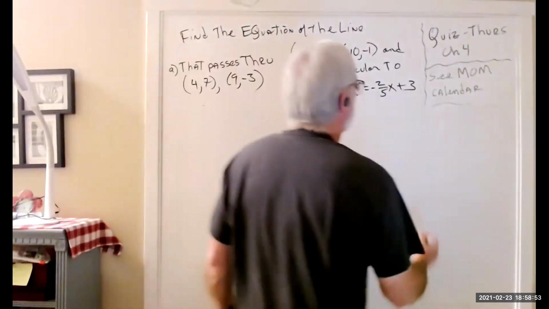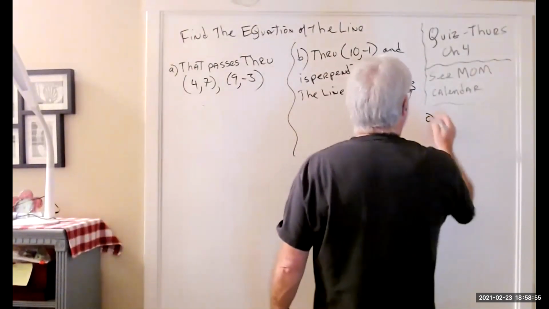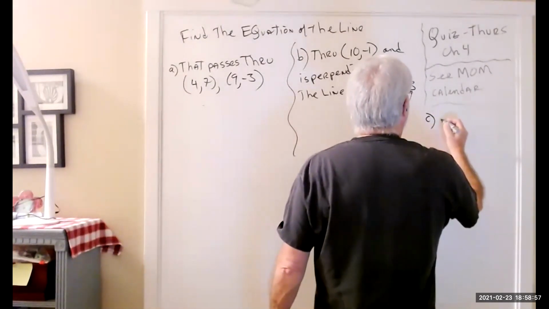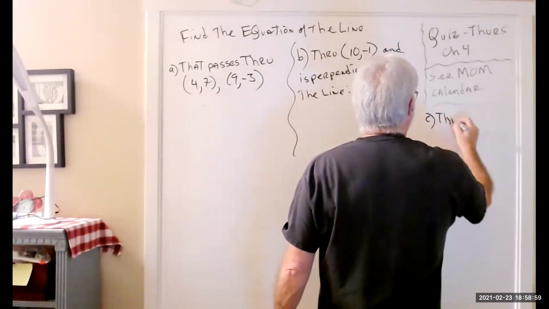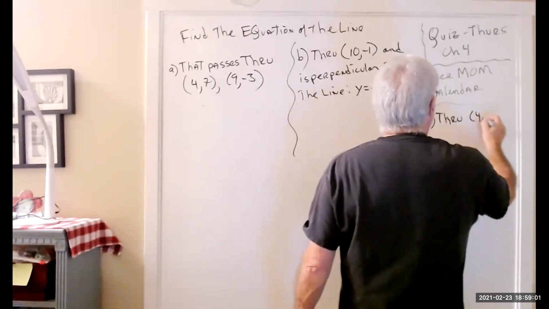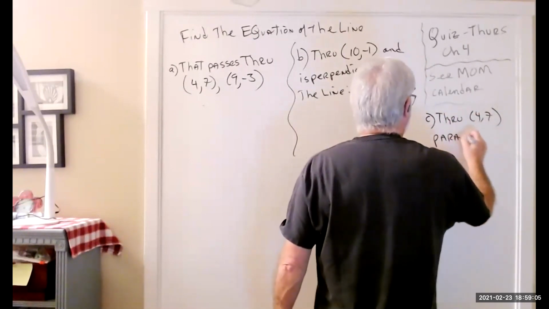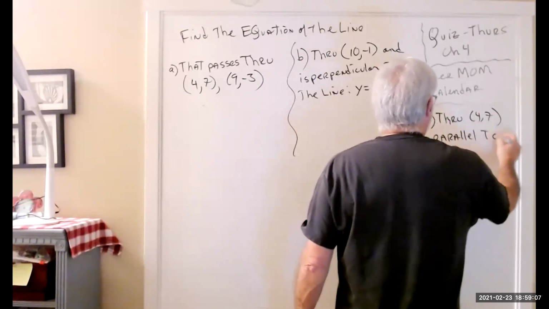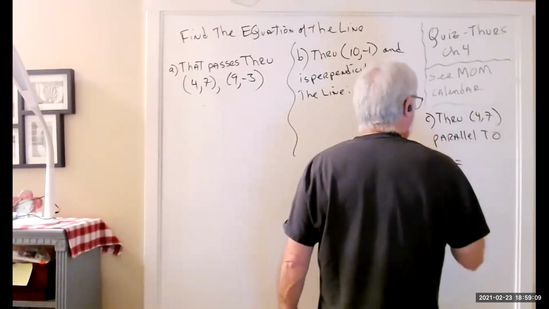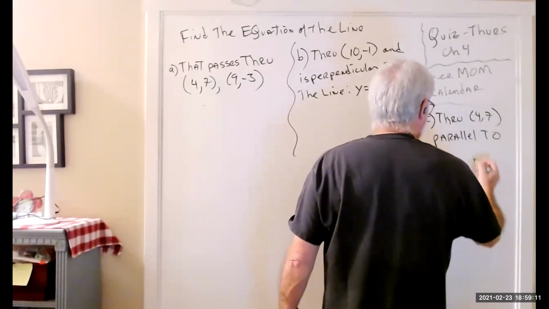And somewhere over here, part C goes through 4,7 and is parallel to x equals 3.